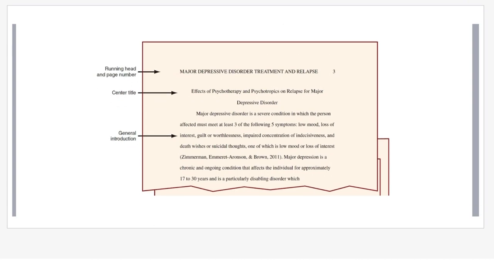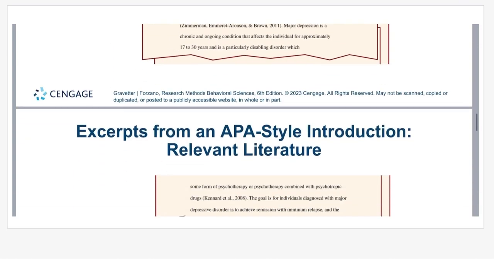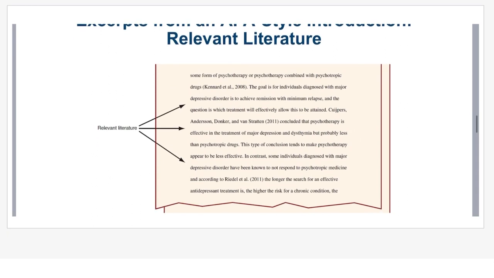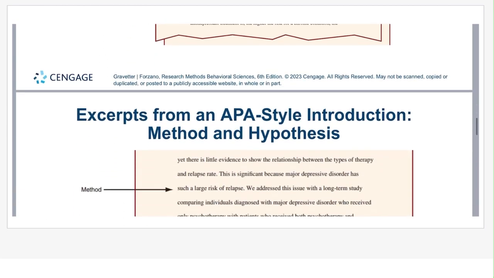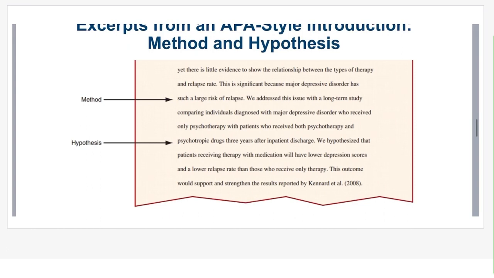The general introduction starts, again, indenting those paragraphs. Then down here, they're talking about all the relevant literature and how it supports, and they have the appropriate citations there. And then they quickly, in a few sentences, address the method they used and what their hypothesis was.